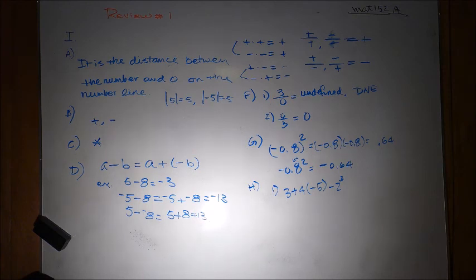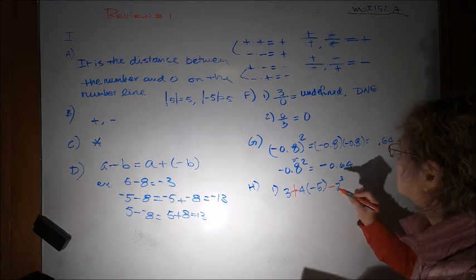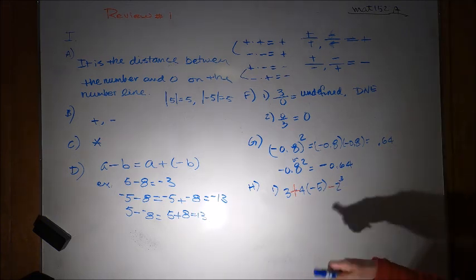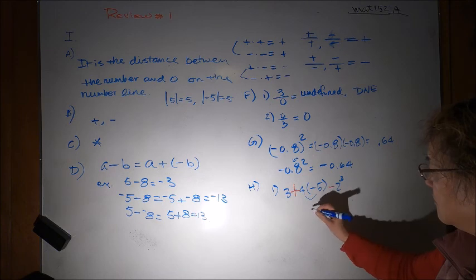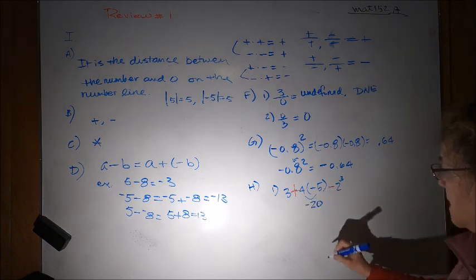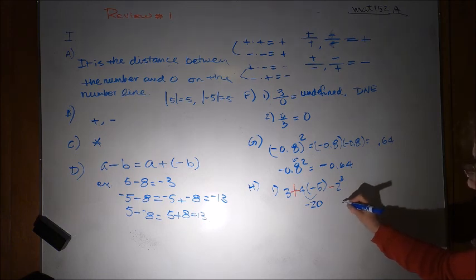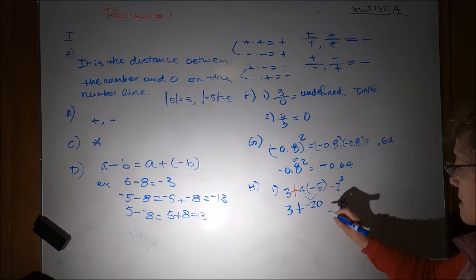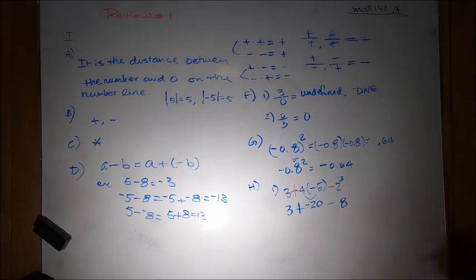So you identify that addition and subtraction will be the last thing you do. Then you do the remaining parts by themselves, following the rules. So this one will be what? Negative 20, right? 2 to the third power will be 8. So you will have 3 plus negative 20 and minus 8. Is that right?